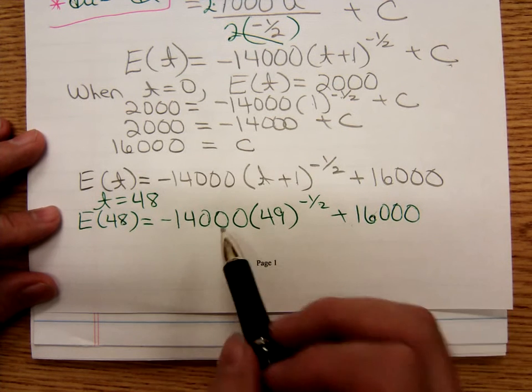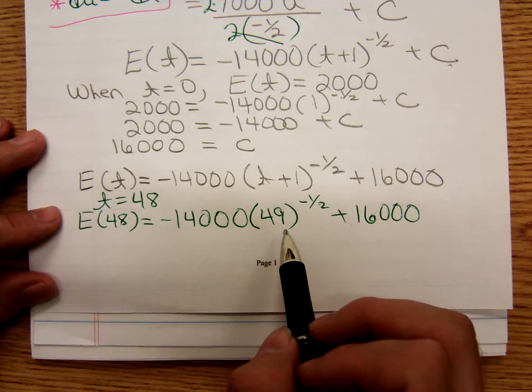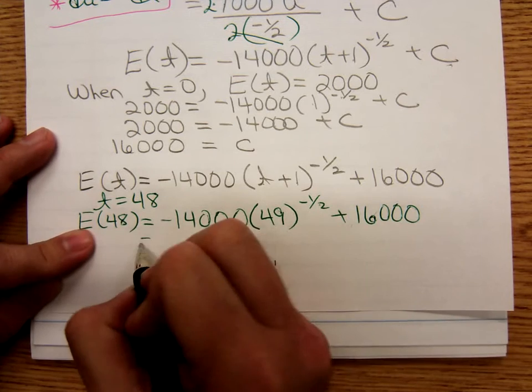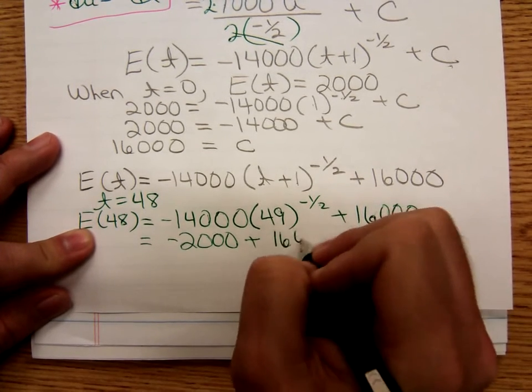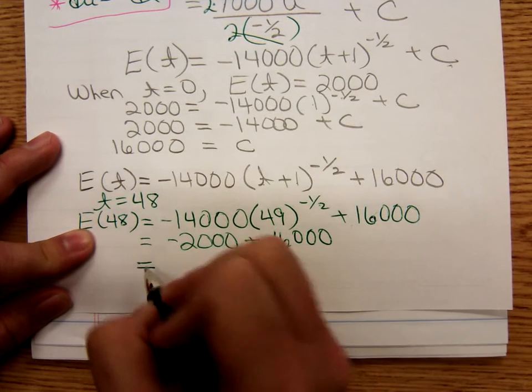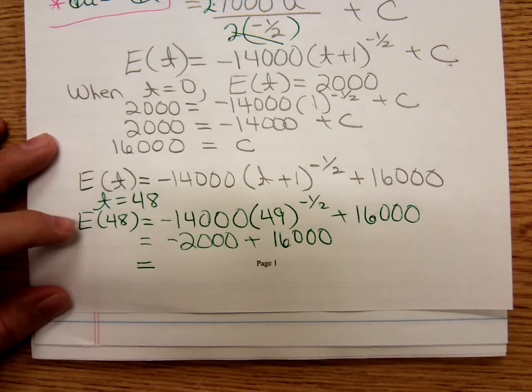Negative 14,000 divided by 7, I'm getting a negative 2,000 plus 16,000.